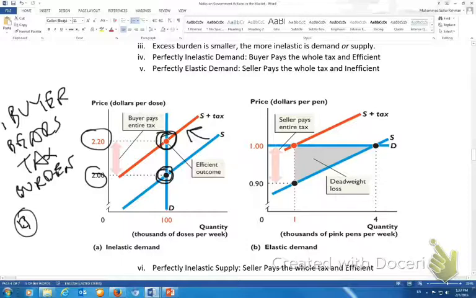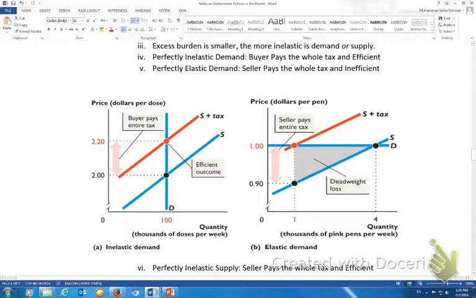And since you are always on the demand curve, although the buyer bears the full tax burden, there is no loss in consumer surplus or producer surplus. So when the demand curve is perfectly inelastic, a tax imposition is actually efficient. That's very, very interesting, and we actually mentioned that in one of the statements: perfectly inelastic demand curve, buyer pays the whole tax, and the market is efficient.